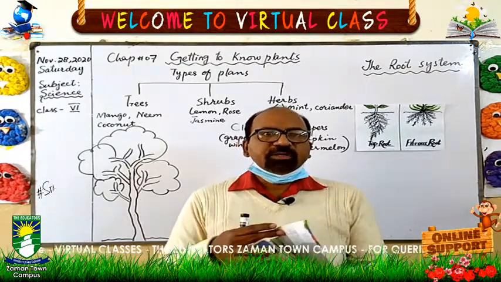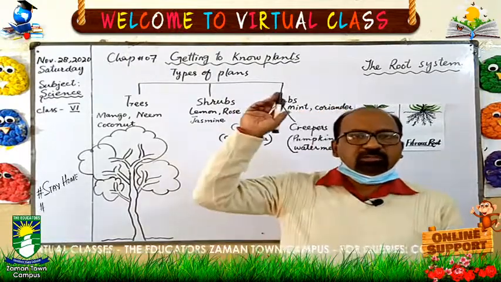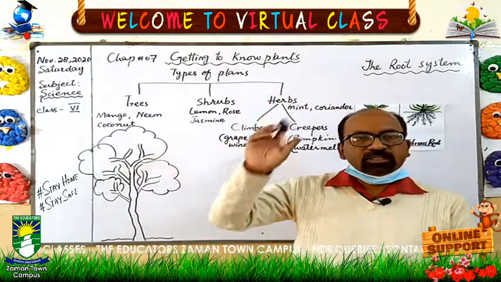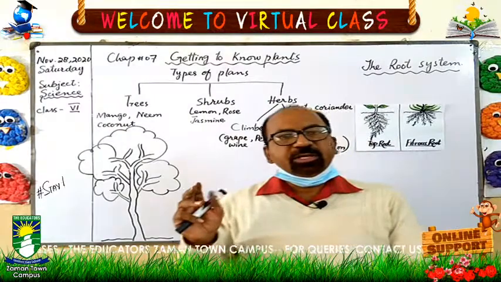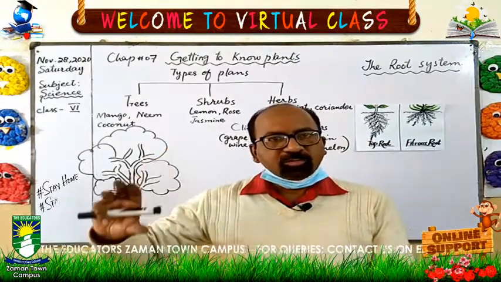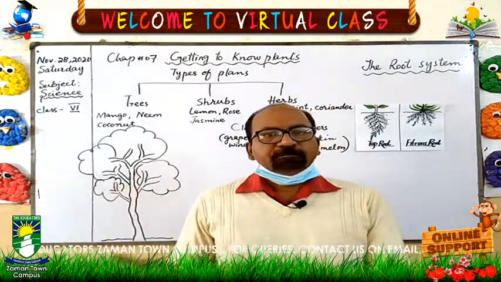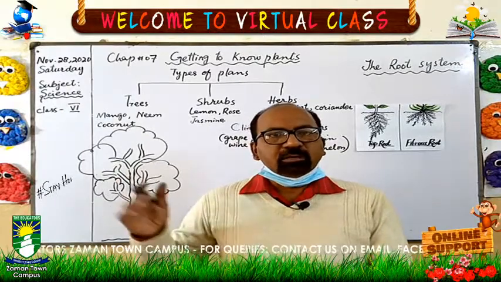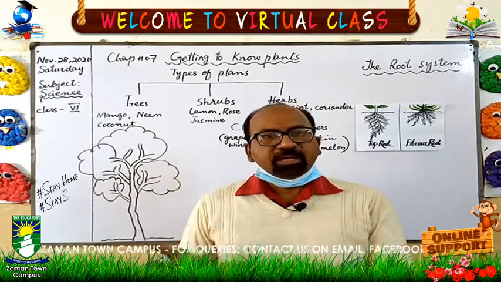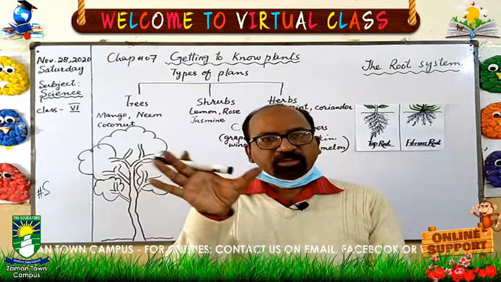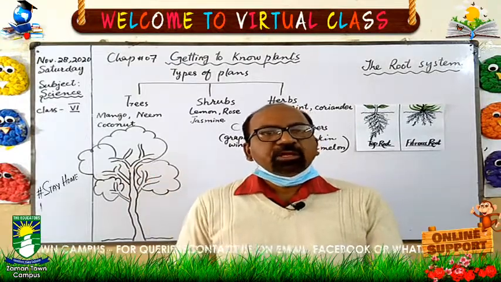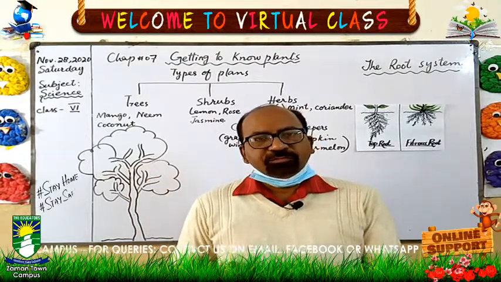Plants are of different types. Some are very big and some are very small. Some are very tall while some are very short. And some are very broad and some take very little space. So these are of different types.